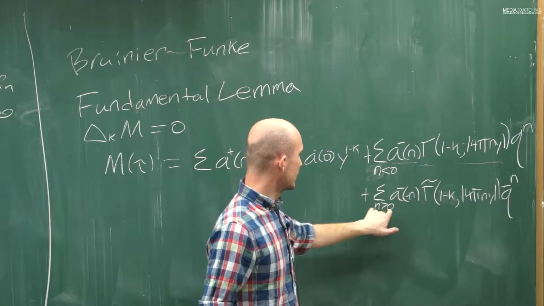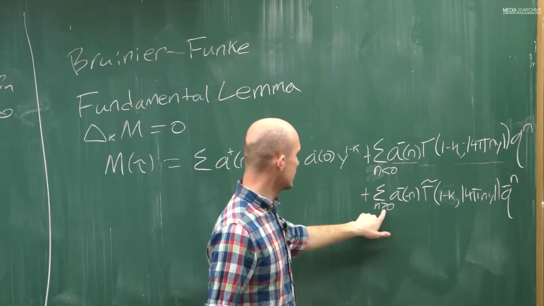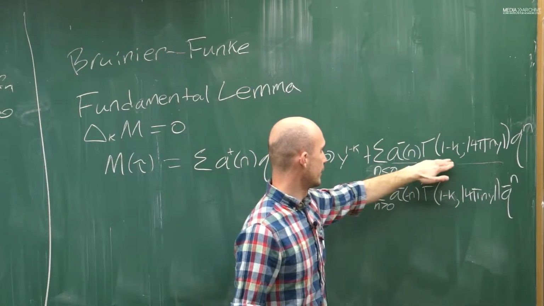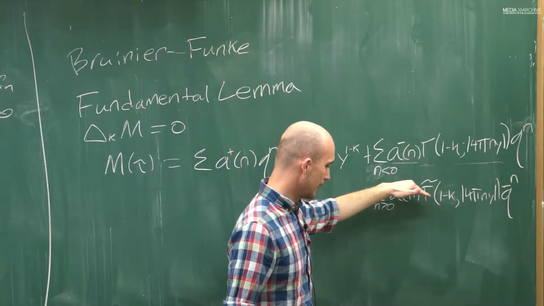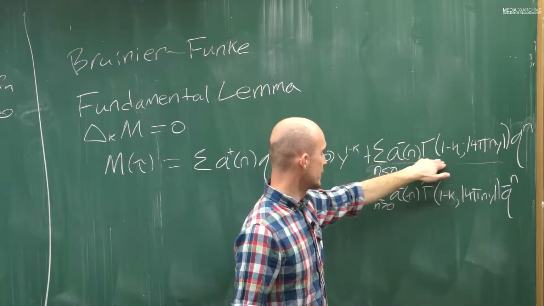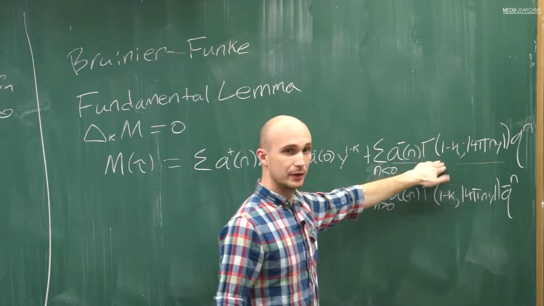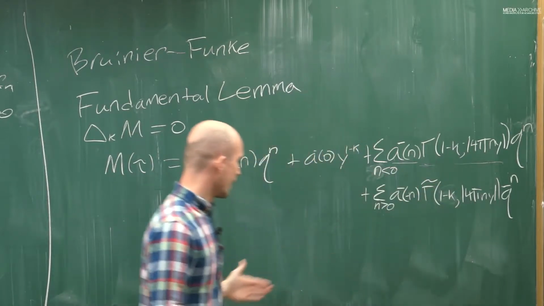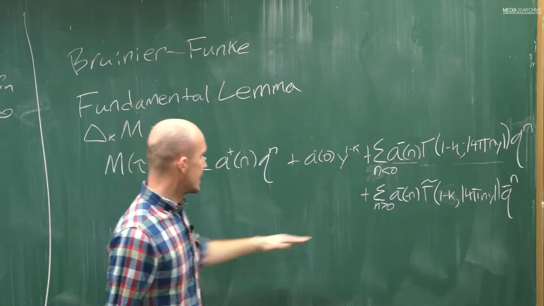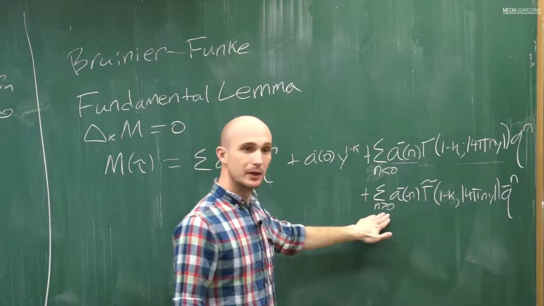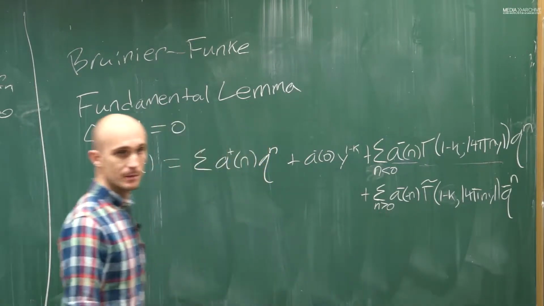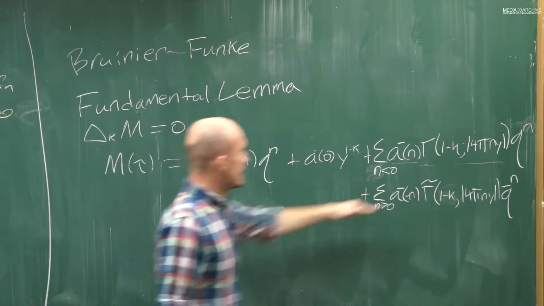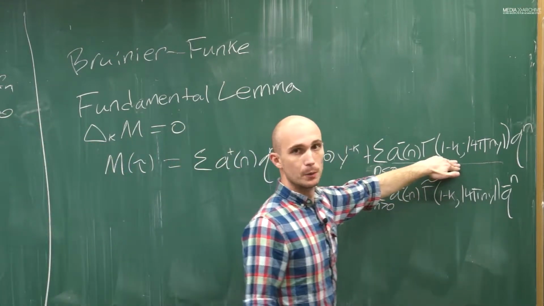Again, you can relax some of the growth conditions to allow singularities. You end up having to use an analytic continuation of the incomplete gamma function, but it still works. For our purposes here, let's just let n be greater than 0. What's the gamma function? This is the incomplete gamma function.